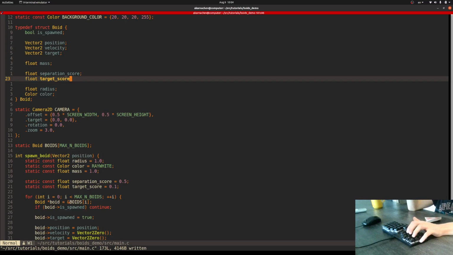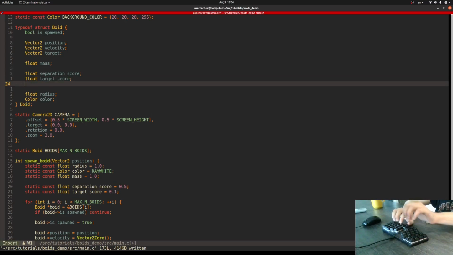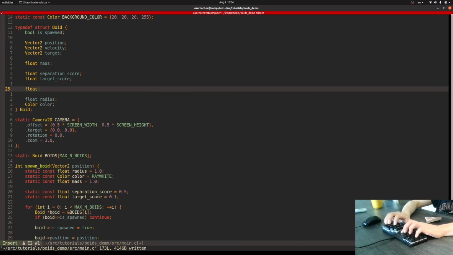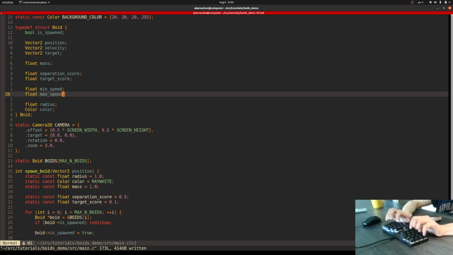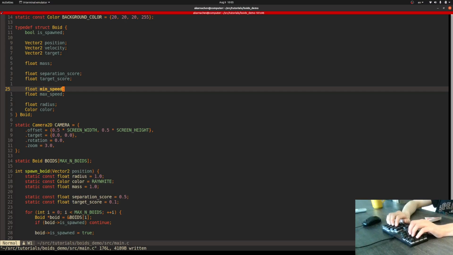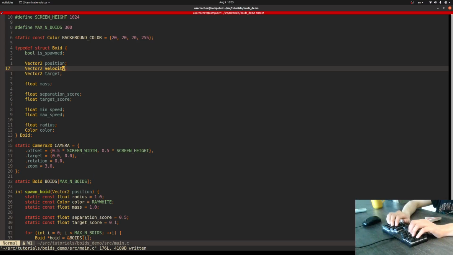They are always swimming or flying. So let's introduce float min speed and float max speed. Usually speed is just a float value, a single scalar value. And it's usually defined as the magnitude of the velocity vector.